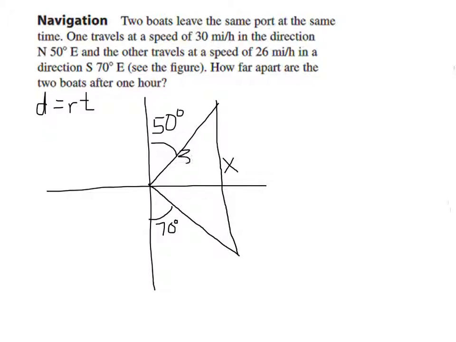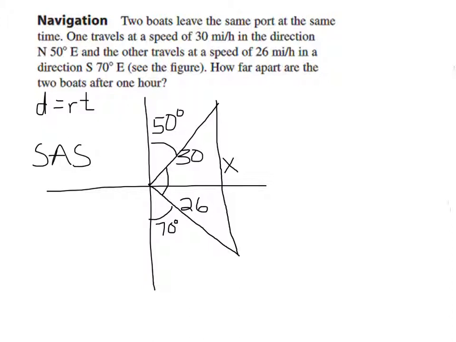The first one is going 30 miles per hour. The second one 26 miles per hour. Now, I have two sides. If only I had an angle, this angle, then I would have a side angle side triangle, which would be a job for the law of cosines.